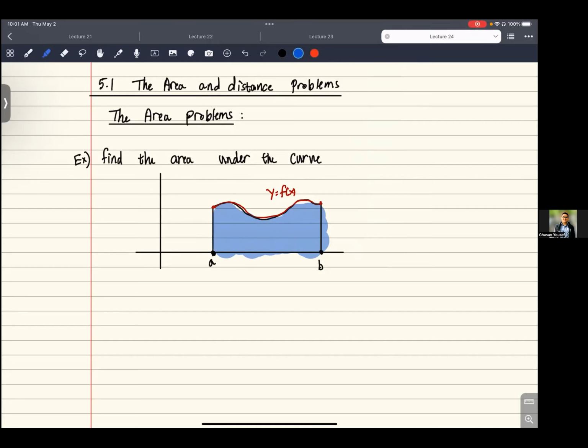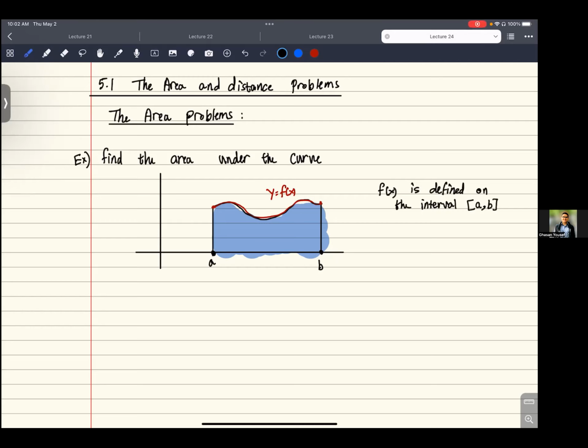There are different ways to find the area. You can divide this interval. The function f of x is defined on the closed interval a to b, right?